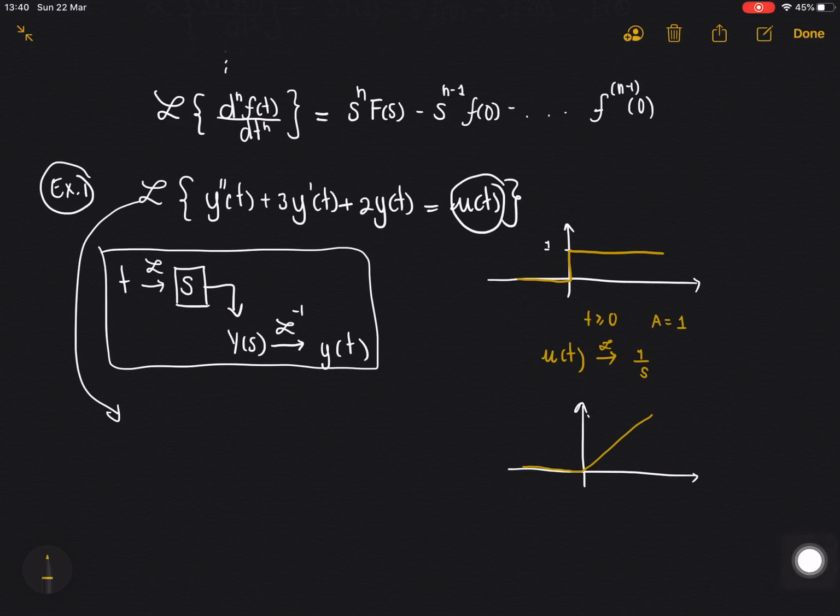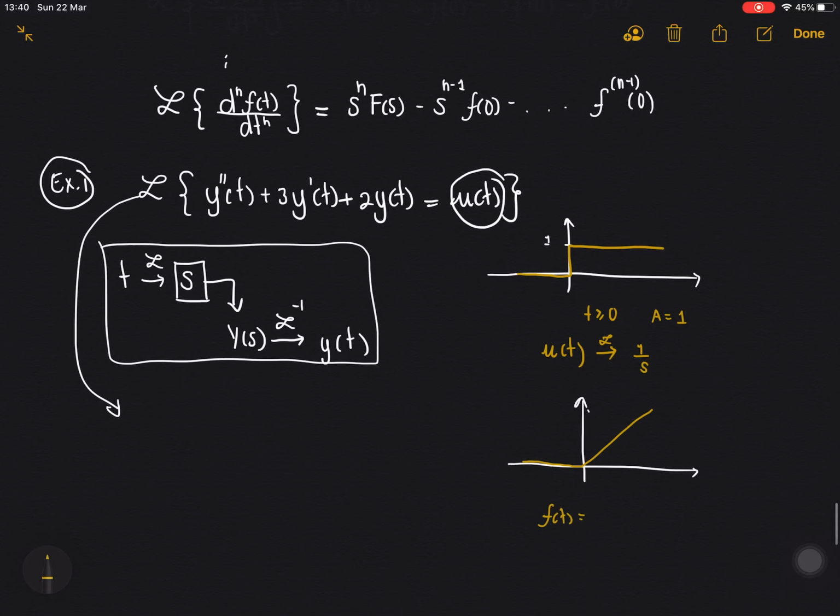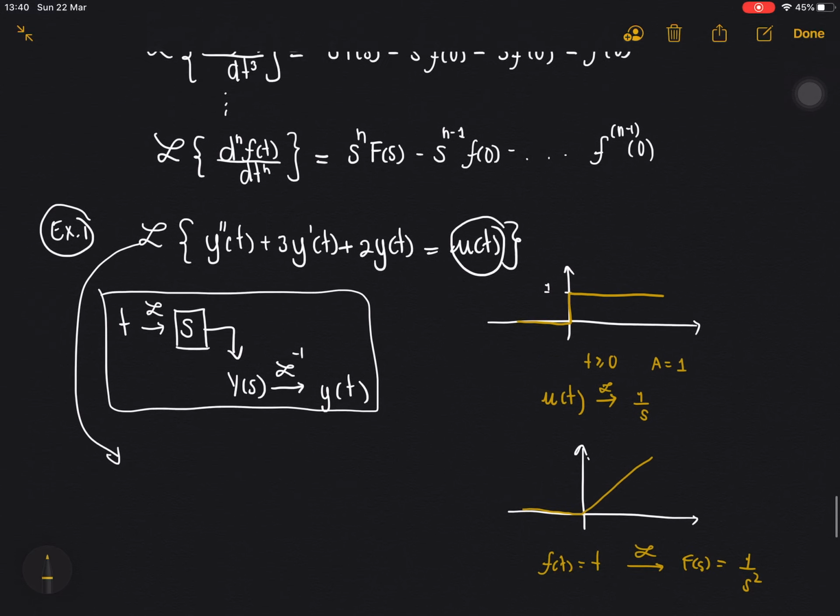Which means that your f(t) is equivalent to the value of t, and when you apply the Laplace transform onto that ramp function, your function in the frequency domain, F(s), will be equivalent to 1 divided by s squared. So that's the difference between the unit step function and the increasing or ramp function, right? So let's go back to our case.